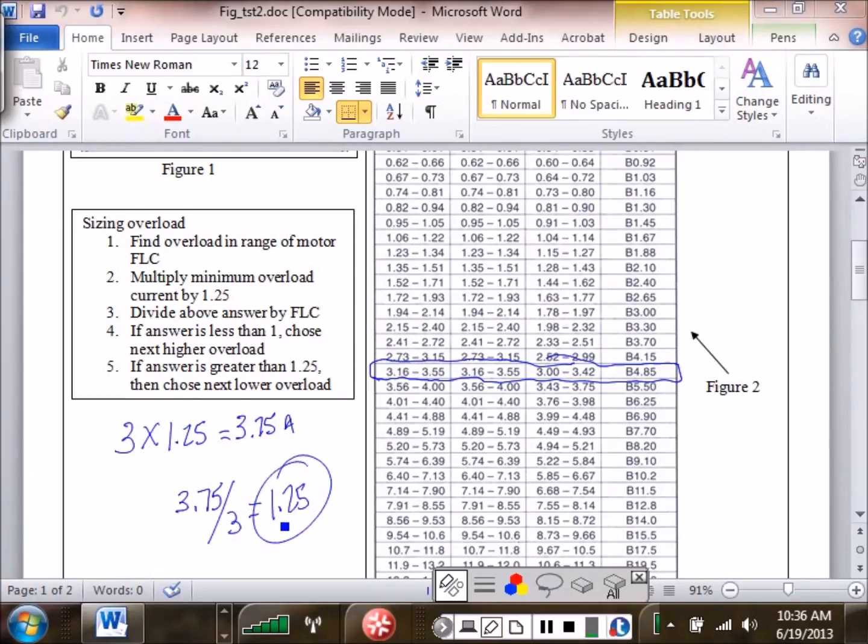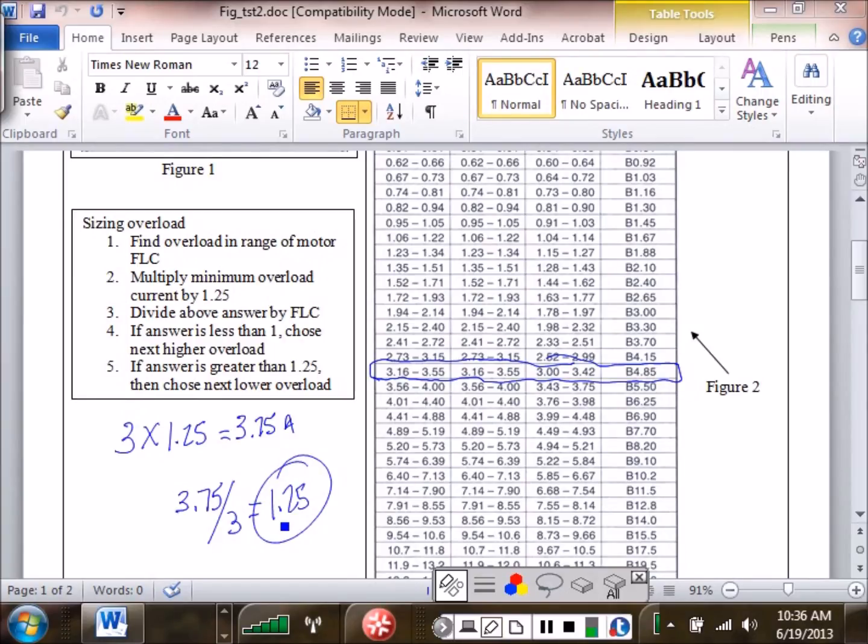We're trying to get you the knowledge that okay, I'm going to size these overloads. There's a procedure. I need to look it up. Of course, if you still got the handout from class, you can use that. It's just that the way it's set up in the book now, it used to be so straightforward. But for some reason, when they came out with a new version, they reworded this to make it a little harder to understand.